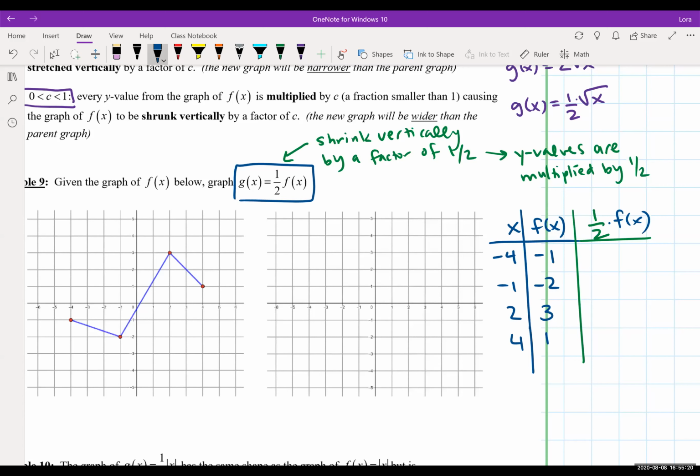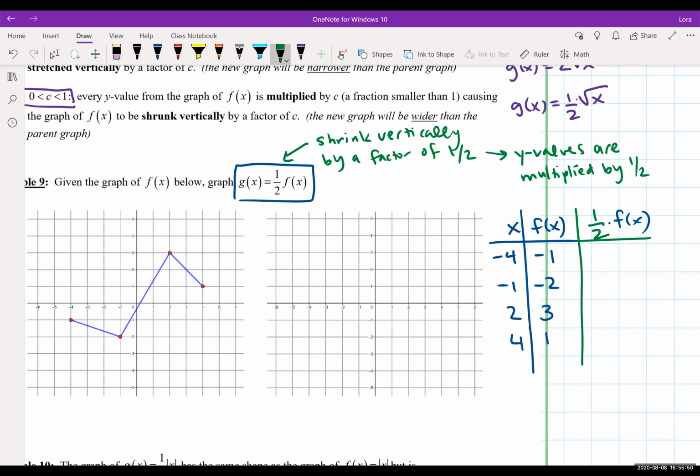And so what it does is it takes each of these y values and it multiplies them by 1/2. Sometimes easier said than done. Did I miss one? Yeah, there we go. So sometimes it's easier to visualize it. Sometimes it's easier to do the math.